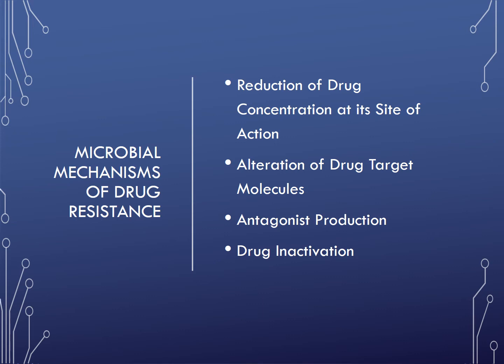Now we're going to move on to antagonist production. In rare cases, a microbe can synthesize a compound that antagonizes drug actions. For example, by acquiring the ability to synthesize increased quantities of PABA, some bacteria have developed resistance to sulfonamides. Lastly, we're going to talk about drug inactivation.